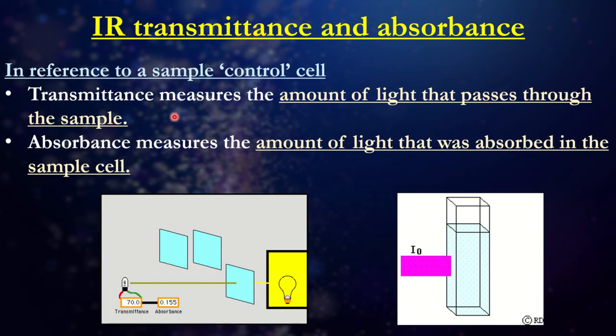Okay, so I'll repeat that again. If we're using a control sample in comparison, our transmittance measures the amount of light that passes through the sample. Our absorbance measures the amount of light that was absorbed by the sample cells. So our sample cells are these examples here. How much light do they absorb?